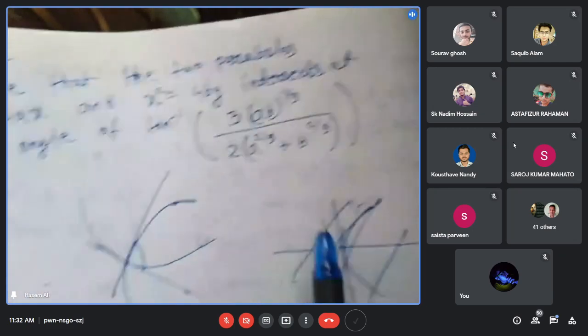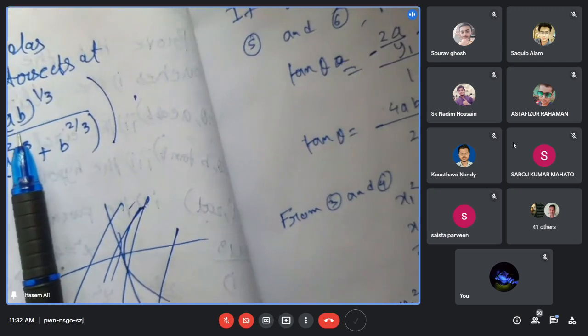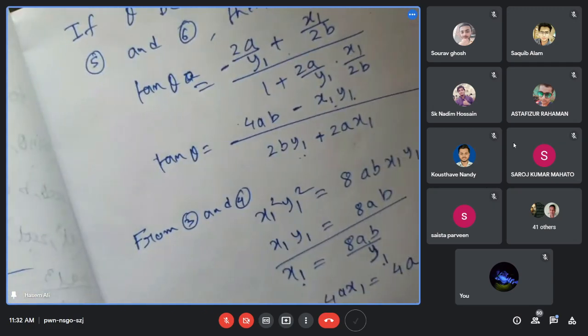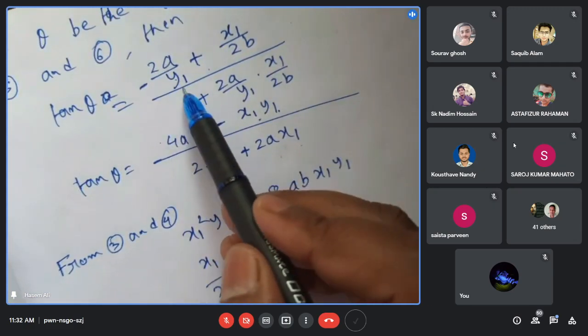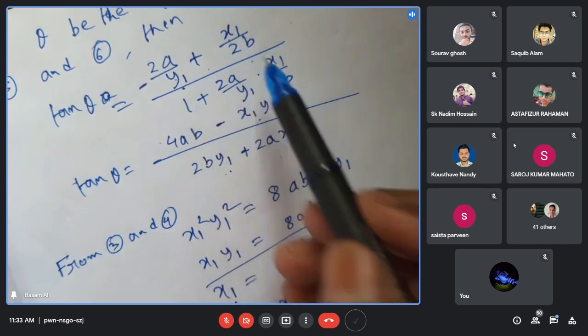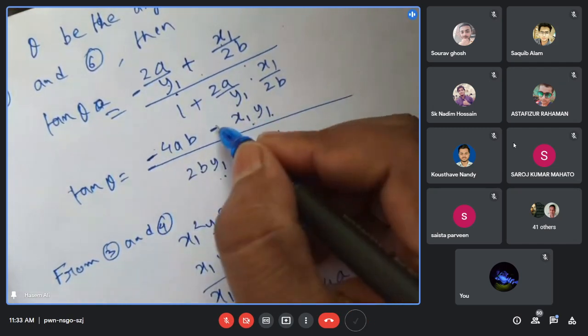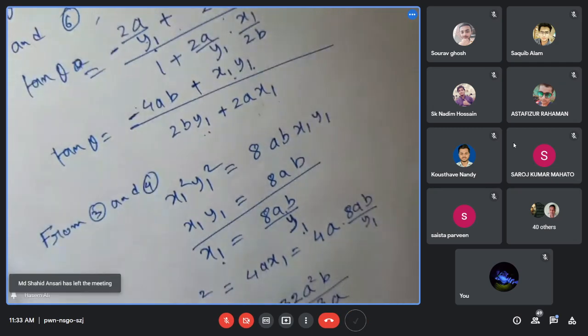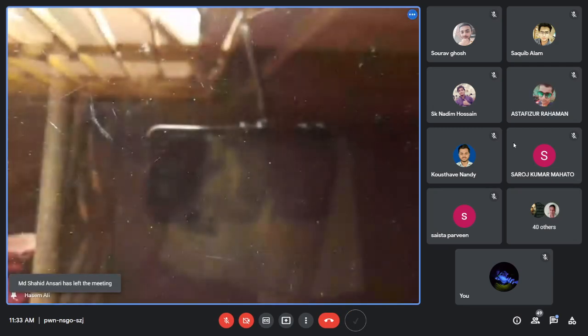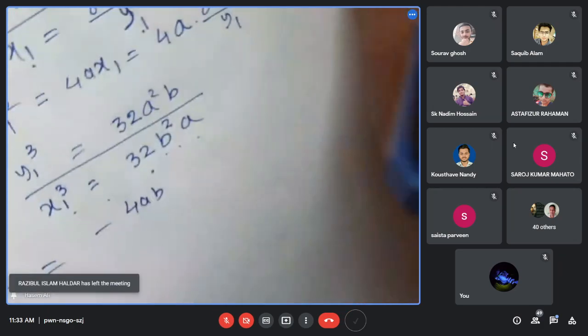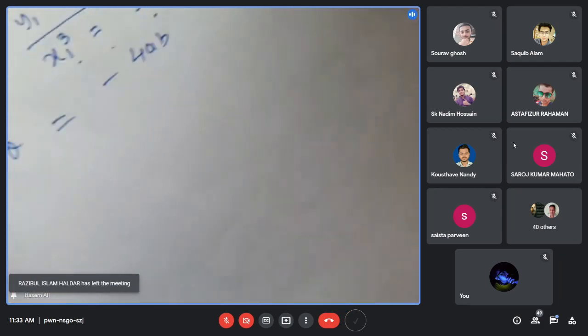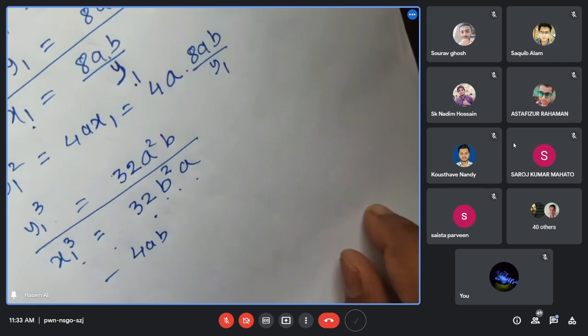So we can write m2 minus m1 for acute angle, or m1 minus m2 for obtuse angle. For this problem you can write minus 2a by y1 plus x1 by 2ab. So it is minus 4ab, so tan theta equals minus 4ab.